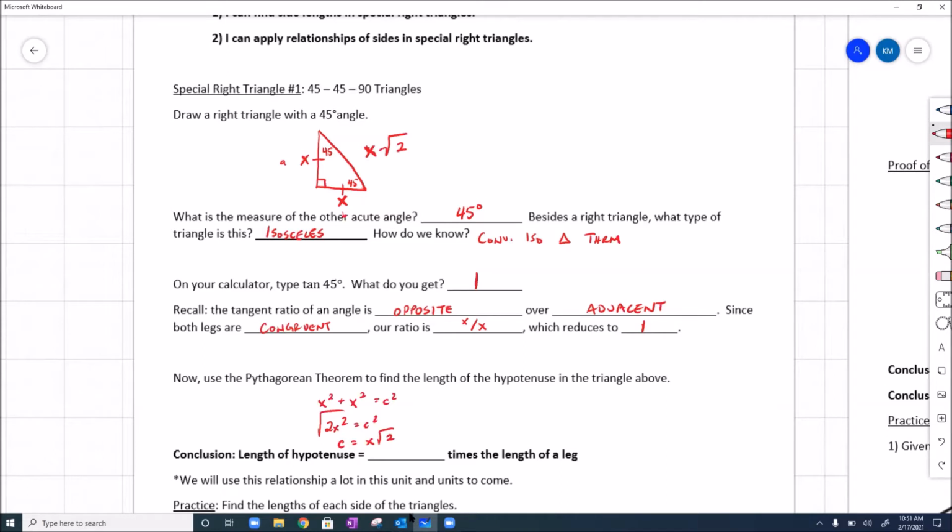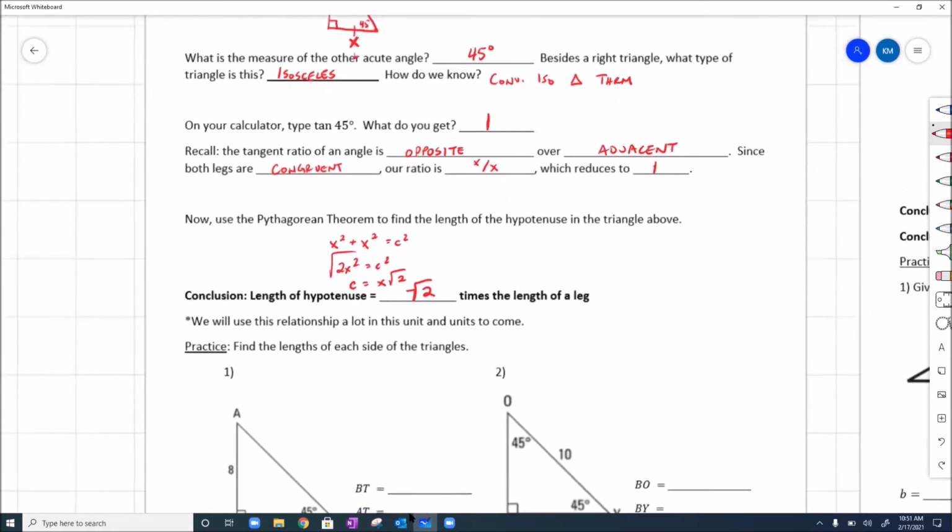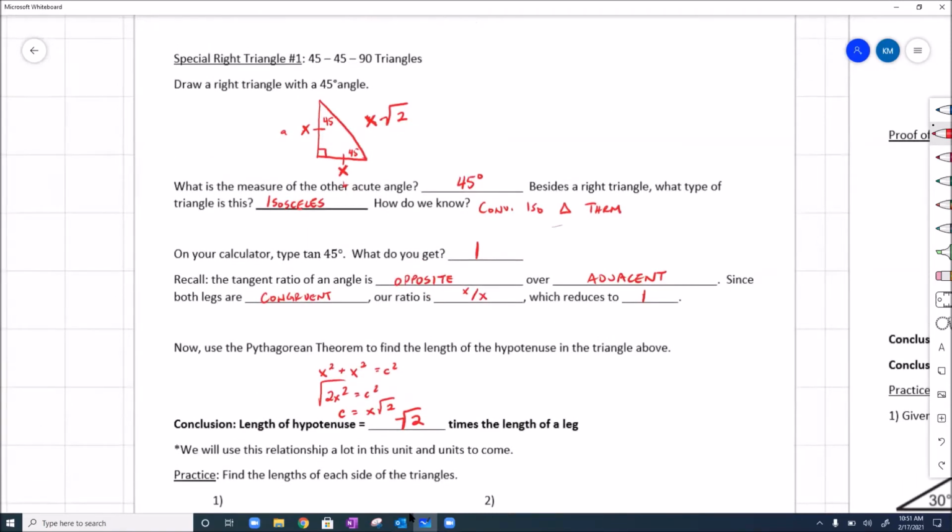What that tells us is that the length of the hypotenuse in a 45, 45, 90 triangle is always radical 2 times longer than the length of the other legs. So now this is what we need to remember.